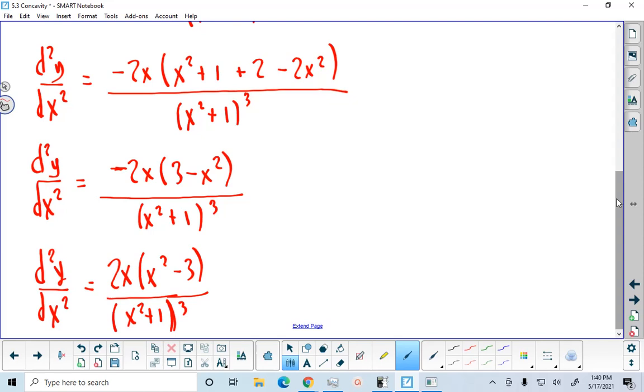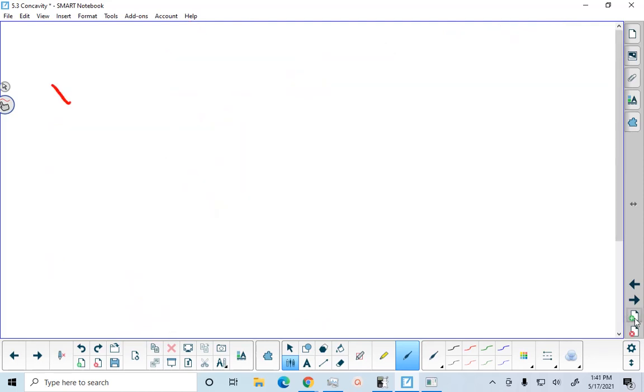All right, so now just want to clean that up a little bit. Now what we're going to do is identify our critical values of x for the second derivative. And we have 0 because of the factor of 2x in the numerator. We have plus or minus root 3 because if you take x squared minus 3 and set it equal to 0, and I'm not going to include this as part of your work, you have two options.